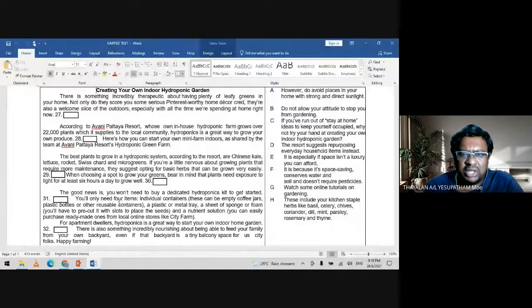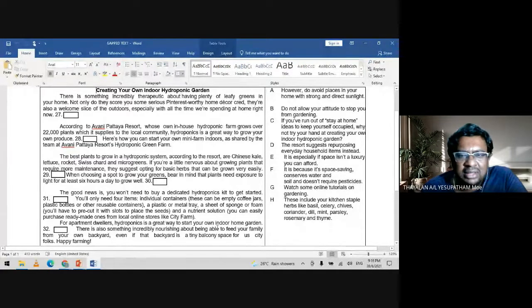Now 31. The good news is you won't need to buy a dedicated hydroponic kit to get started. So 31 should be something to do with what could be substituted. If you don't need to buy a dedicated hydroponics kit, what can you substitute it with? And then after that, immediately it says you'll only need 4 items: individual containers.